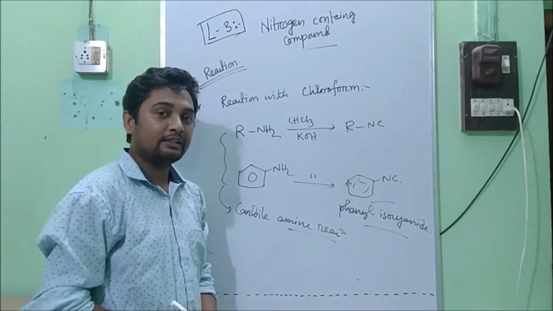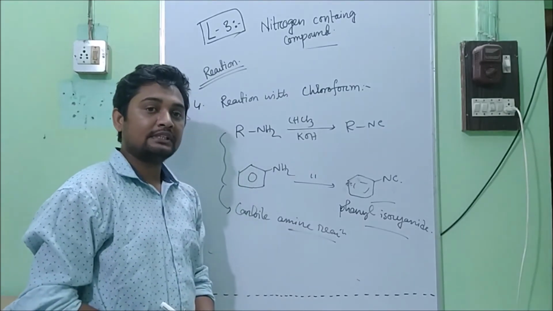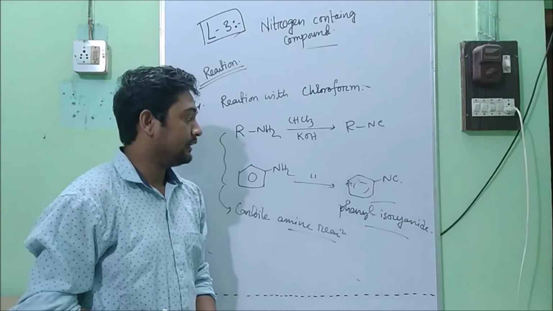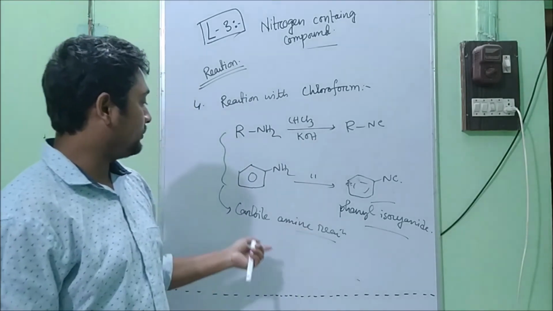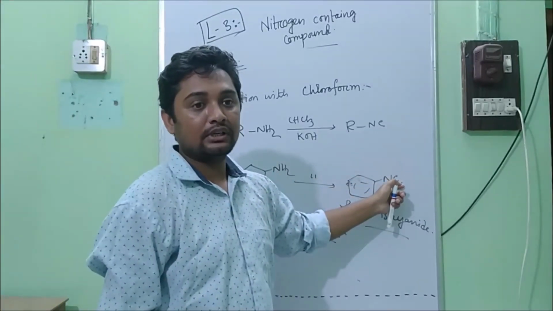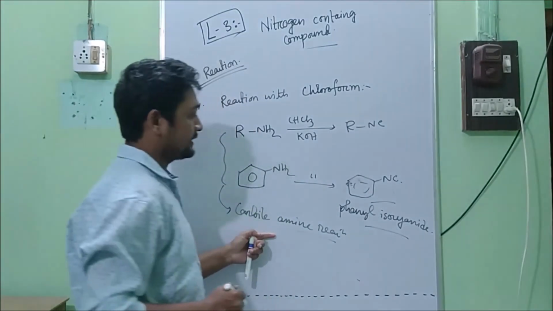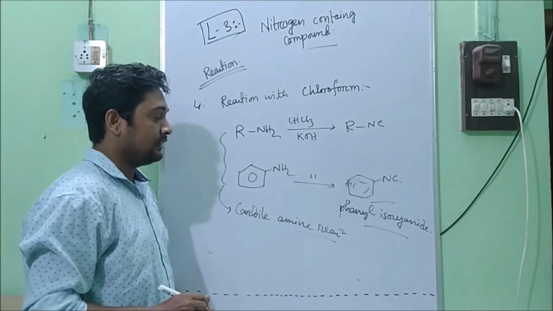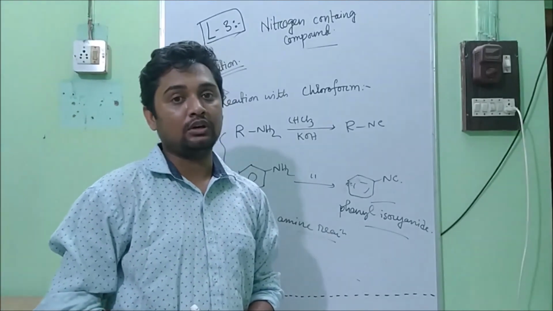I have shown the mechanism in the previous class. So those who have not seen the previous lecture, please go and you will find the mechanism of this reaction, how the NH2 group is converted into the isocyanide group. This is a very interesting reaction because by using it we can identify whether any compound contains an amine group or not.